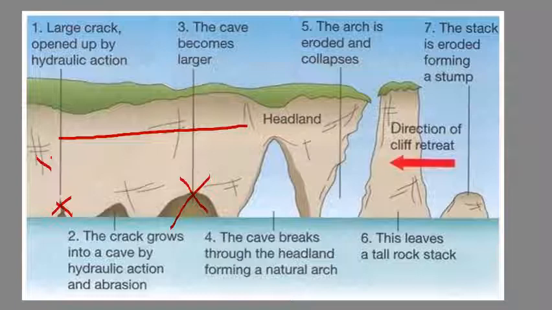If there are two caves directly opposite each other, eventually the wall separating the two caves meets, and eventually what do we get? We get a beautiful sea arch. In time, however, the roof of this sea arch is going to collapse because it has no support, and we therefore are going to get the formation of an offshore stack, which will get worn down, become smaller and smaller, until eventually we see a little stump or rock island.